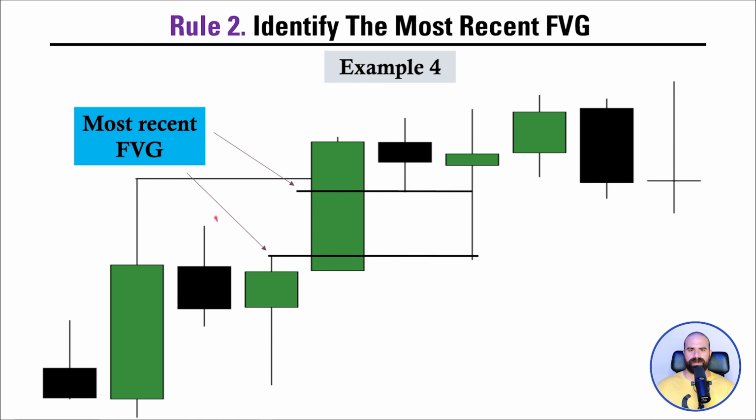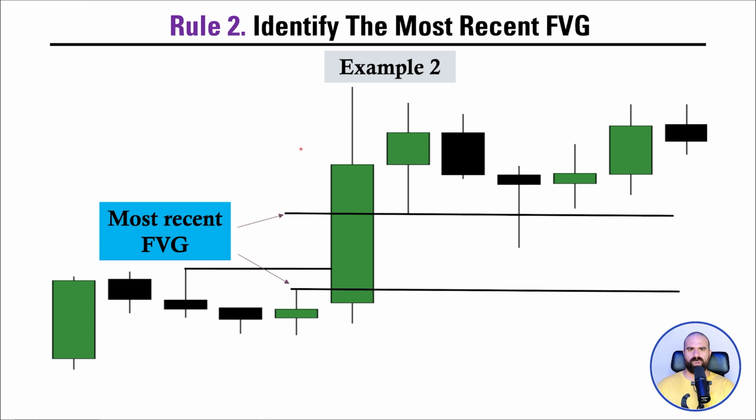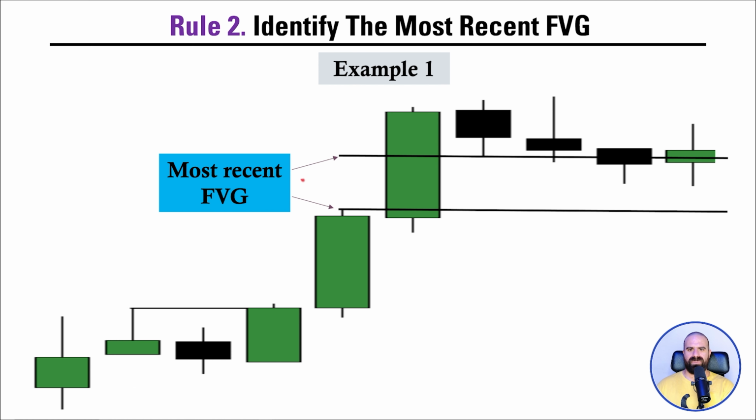Example number 4, I'm going through them one by one again. This right here was our break of structure, and we have the gap that is left between those two candlesticks. I'm saying the most recent FVG, but in those occasions where we have, let's say, example number 1, we identified the one in the premium.